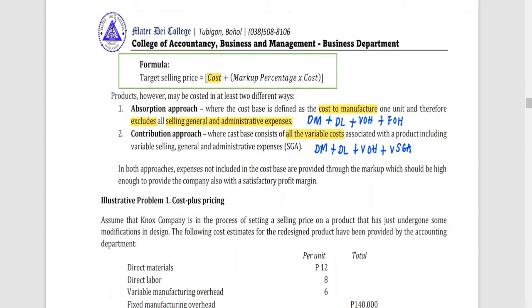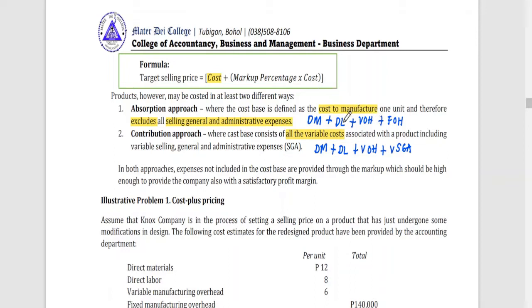Now, in both approaches, expenses not included in the cost base are provided through the markup, which should be high enough to provide the company with a satisfactory profit margin. So if there are costs that were not included in the formula, then your markup should be enough to cover those other costs excluded in the base.